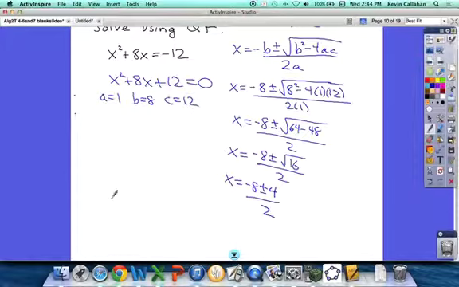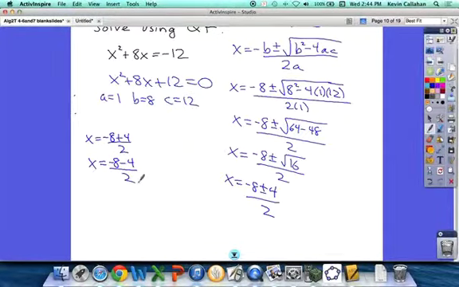Okay, so now we got to get both answers from that. But this is where you got to know how to use the plus or minus. It's saying do this operation twice. Once use a plus in between those numbers, and once use a minus. So the plus will be negative 8 plus 4 divided by 2, and the minus will be negative 8 minus 4 divided by 2.